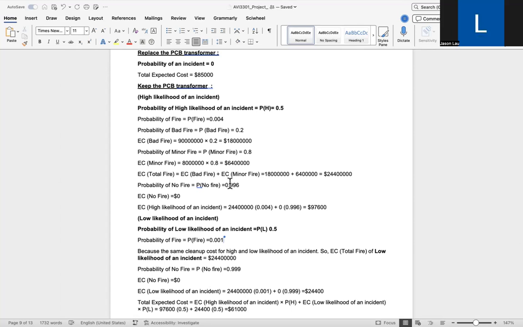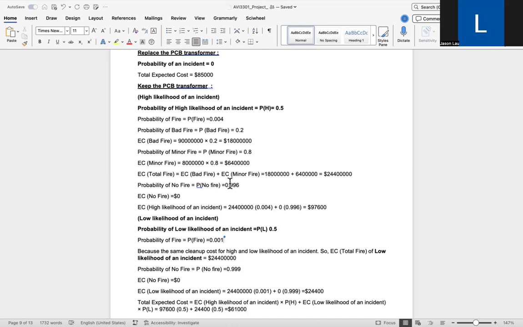And the expected cost of a minor fire is 8 million times 0.8, so we get 6.4 million.